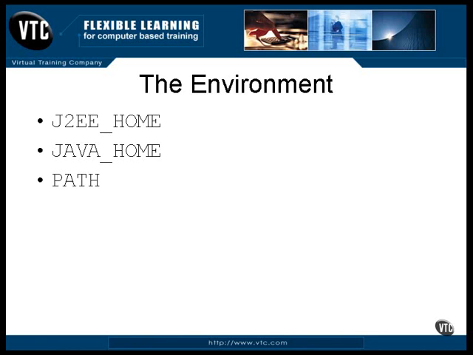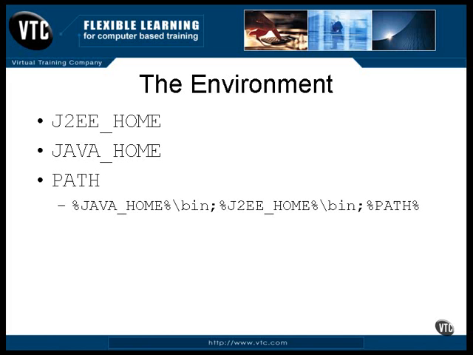On Windows, you could set the path from the command line like this. The path is a list of directory names separated by semicolons. This example sets the path to include the bin directory of JAVA_HOME, then a semicolon, then the bin directory of J2EE_HOME, then a semicolon, then the original contents of the path variable.